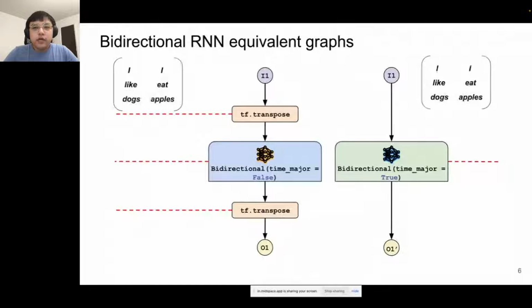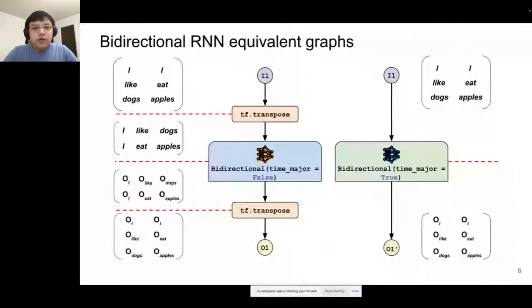We call the RNN function with time major parameter set to true. Alternatively, we can first transpose it to batch major format. Then we call the bidirectional RNN function with time major parameter set to false, and at last transpose its output back to time major. These two outputs should be equivalent. However, if there's a bug in handling one of the graphs, we may detect inconsistency.